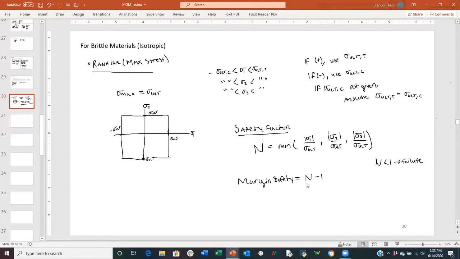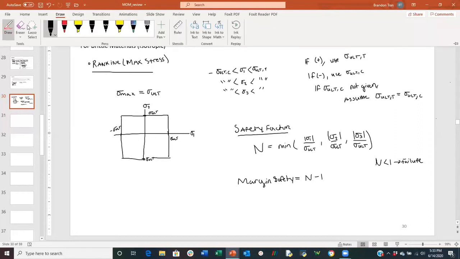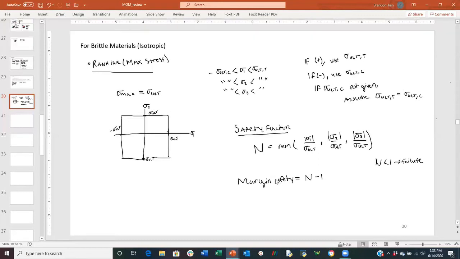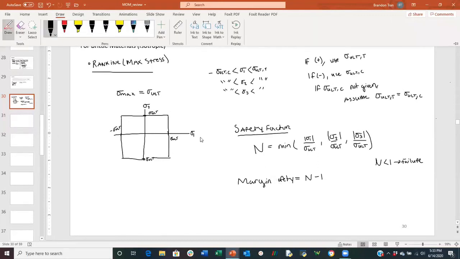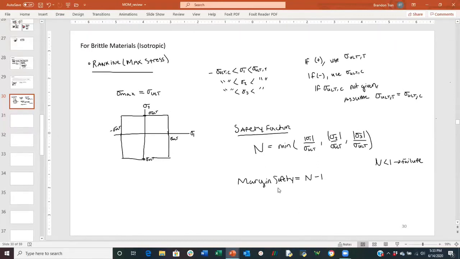So in this case, if N is less than 1, then this will come out as a negative. So the margin of safety is a negative number. If N is greater than 1, then it would be a positive number. So people in the industry use positive or negative numbers to determine whether the material fails or not. So that's essentially what margin of safety is compared to safety factor. And that's it for brittle materials.